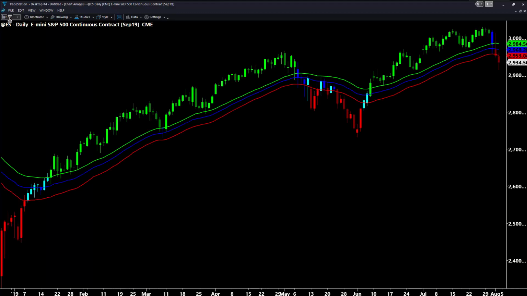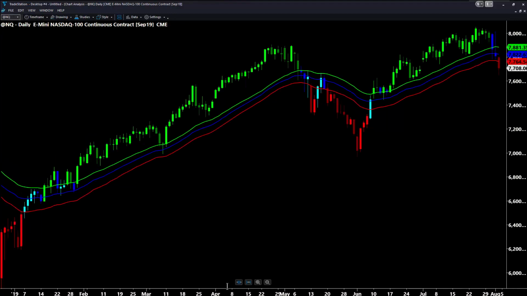All right, so next up, let's take a look at the ES, because unlike the RTY or the IWM that we're short right now, we have an open short in the room, I'm still bullish the S&P, I'm still bullish the Nasdaq, and I am still bullish the Dow. Again, look at the structure of the market. Unlike the sort of meandering sideways market we saw in the RTY, ES, NQ, YM, they're only looking at one, maybe two red or blue grab candles, the transition from green to blue to red.